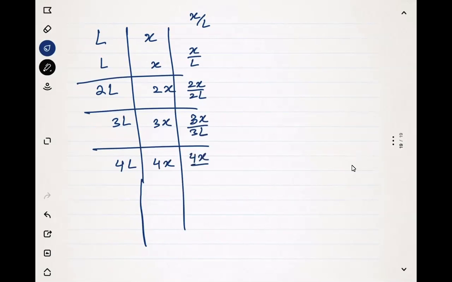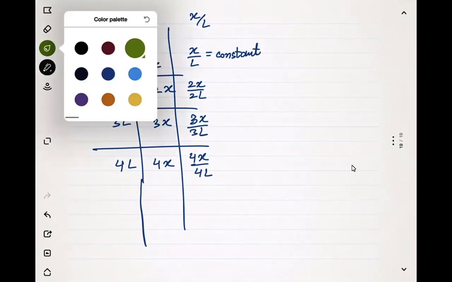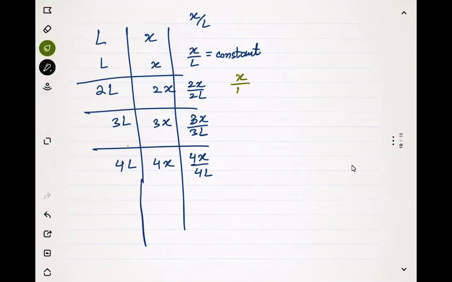So this is constant. This is independent of the length. So extension depends on length, yet X over L is independent of the length because if the length is double, extension will also become double and so on. For example, X over L will become, if it is 2L, it would become 2X.